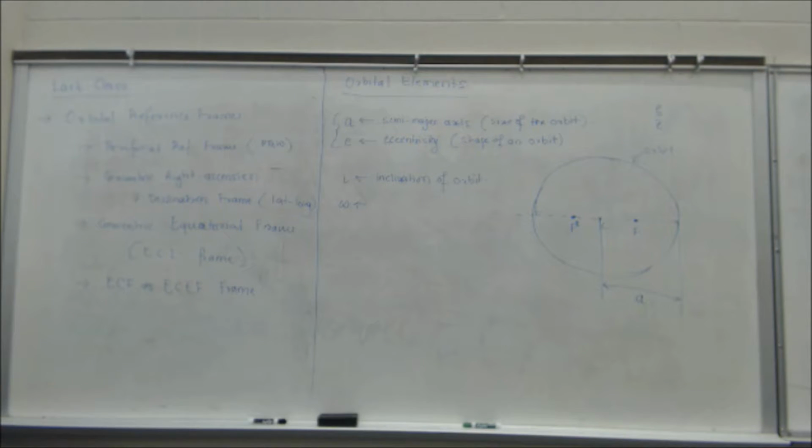The angle between the line of node and the perigee direction is omega, small omega. Okay?